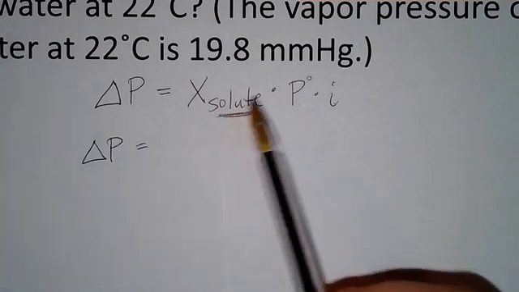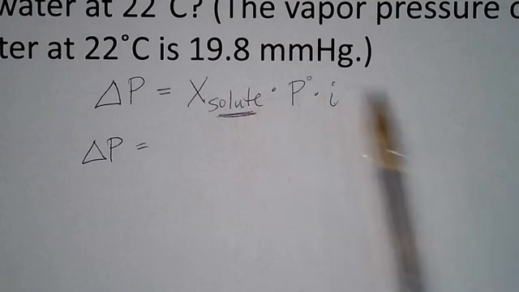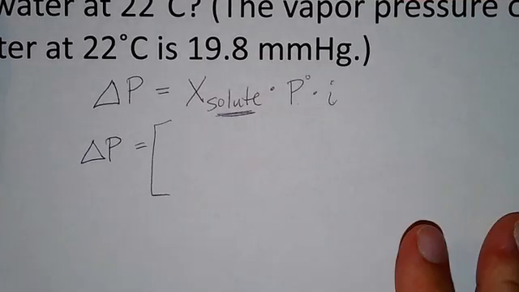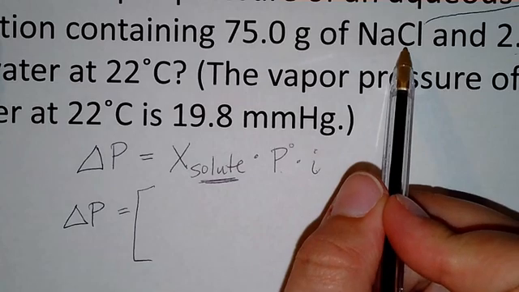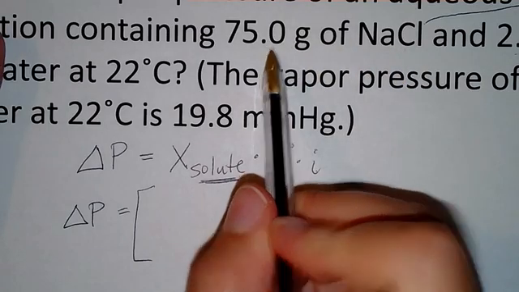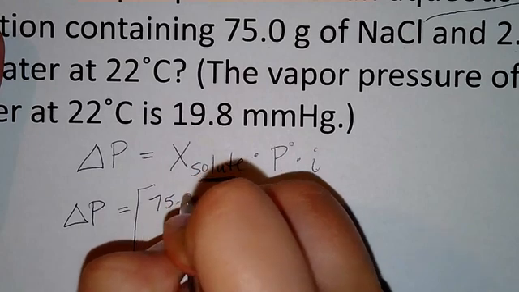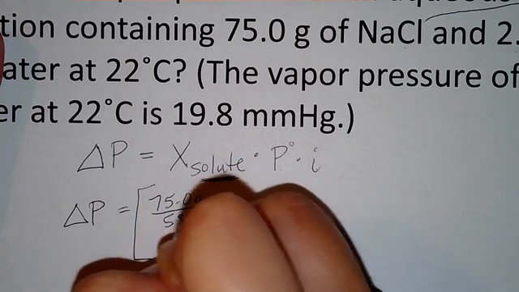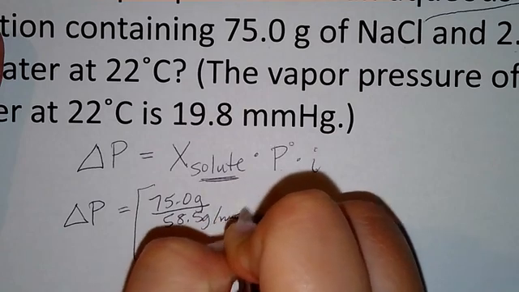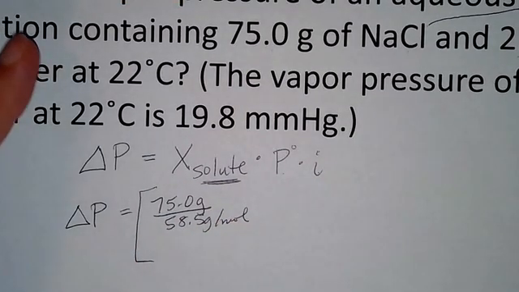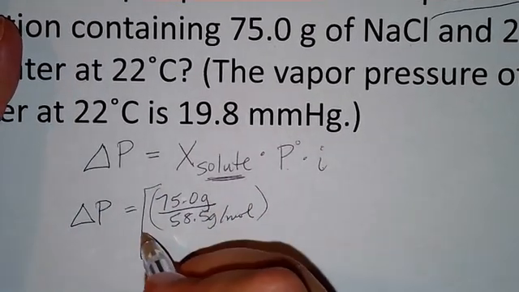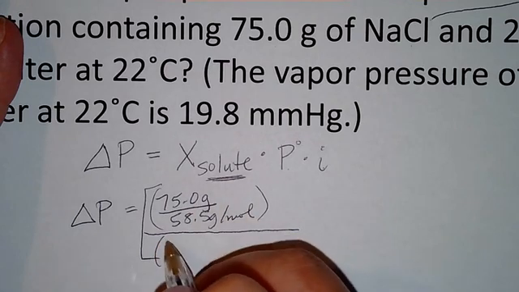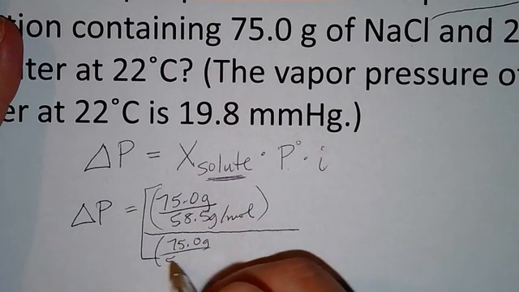Alright, so let's see. In this case, we want our sodium chloride, our solute, to go on the top, and we need to convert it to moles. So we have 75 grams. We're going to divide by molar mass in order to get moles on the top. Alright, so this will be our moles for our sodium chloride. On the bottom, we're going to have the same ratio in order to get the moles of solute, and we have to add the moles of solvent.